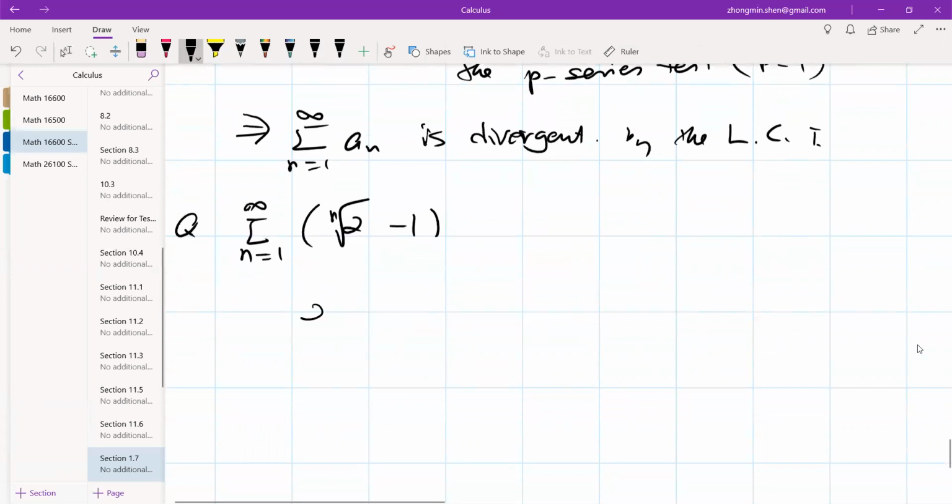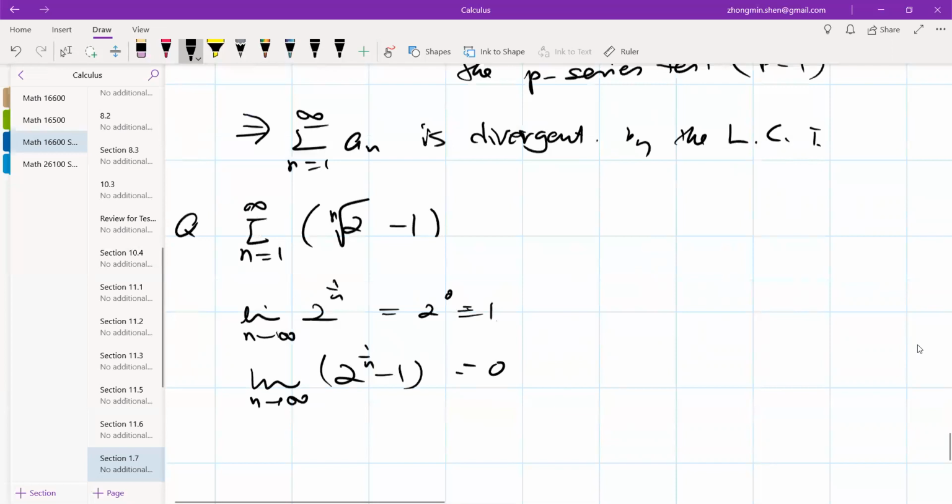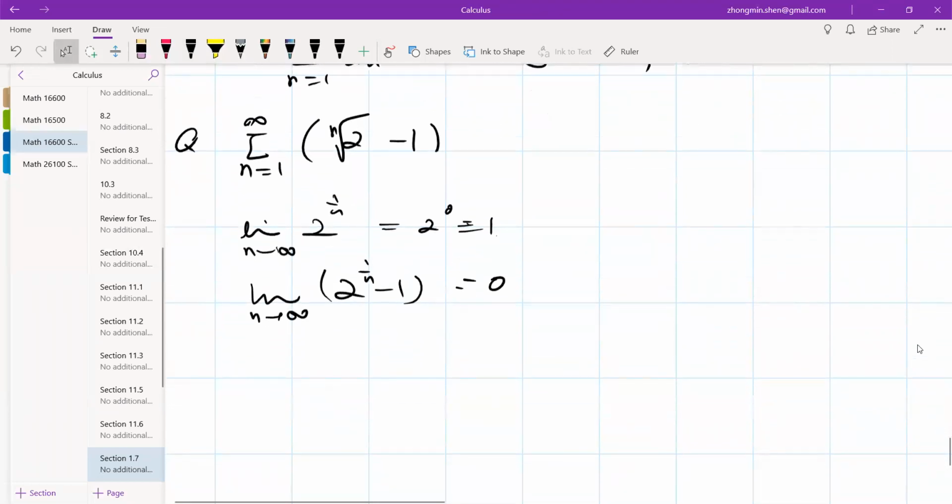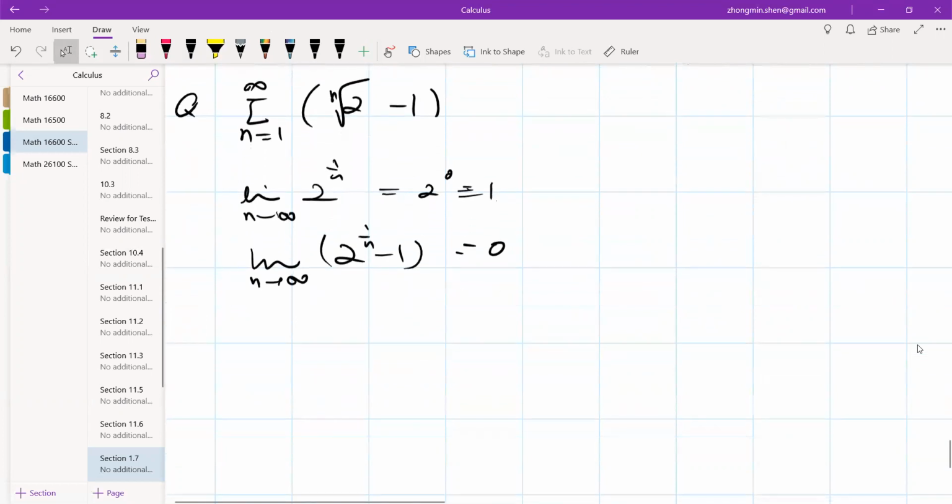But I know that the limit of 2 to the 1 over n as n approaches infinity is 2 to the 0, which is 1. So that implies the nth term is going to be 0, but I don't know how fast it decays to 0. But let me try.